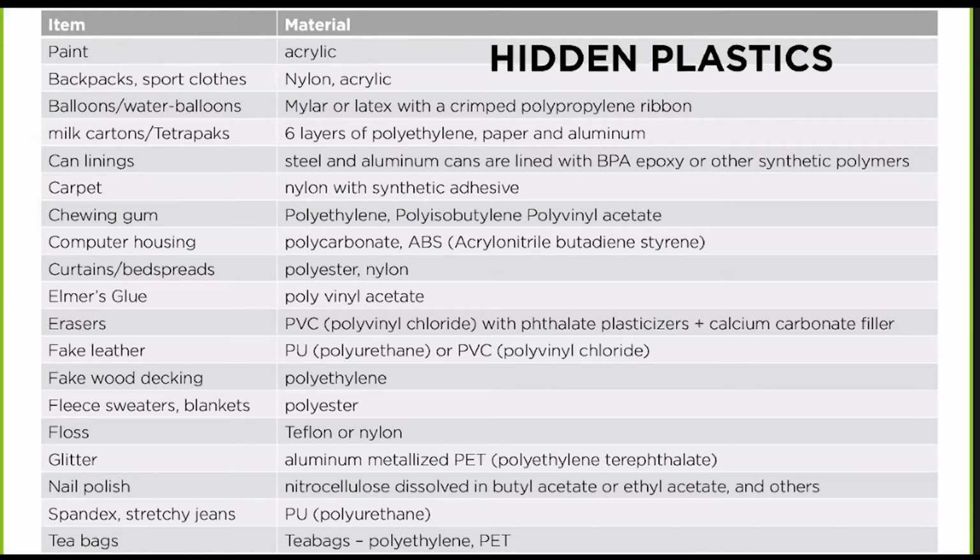And these are just a few of the examples: acrylic paint that we use to paint our houses with, sports clothing and backpacks and all sorts of accessories, balloons, cans are lined with plastics, carpet, chewing gum, erasers, Elmer's glue, fake leather, floss, glitter, nail polish, spandex, tea bags. The list goes on and on and on. And so this presents huge opportunity for designing plastics out of our lives again, or at least finding ways to use plastics responsibly.